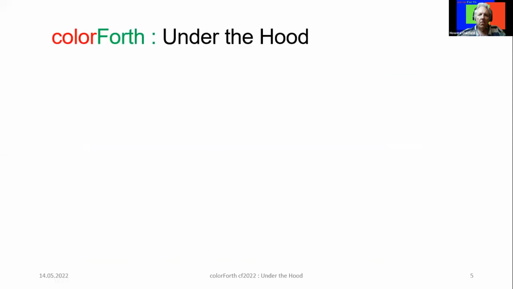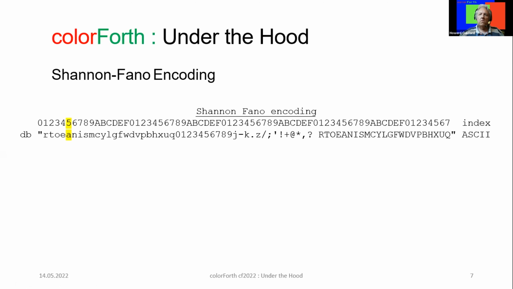Okay, so under the hood, I want to talk about Shannon-Fano encoding, which I thought at first was Huffman encoding. These are techniques where you compact text by using sequences of bits that are very short for the more common characters and longer for the less common ones. So this is what we have in the Colorforth system.